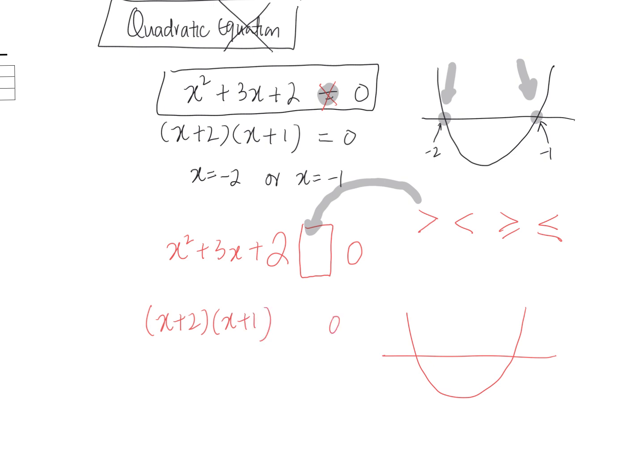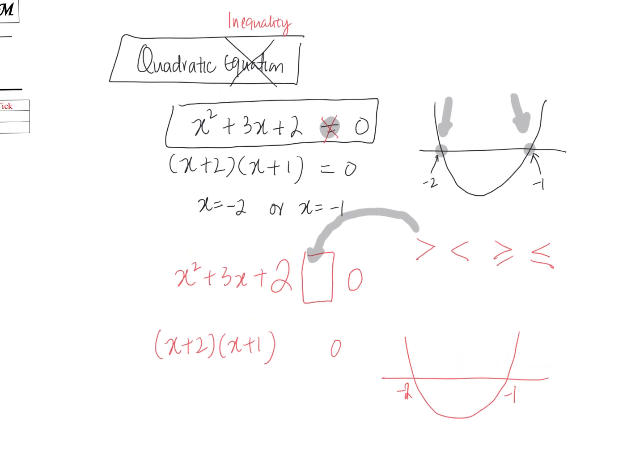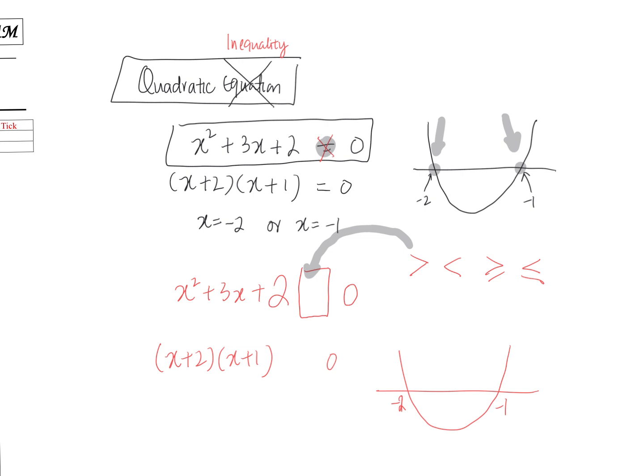Okay, listen first. I'm showing you the difference between quadratic equation and inequality now. If I change the equals to 0 to greater than 0, the difference is I want to see which part of the curve lies above the 0 line. This is the 0 line. So above means these two tails.